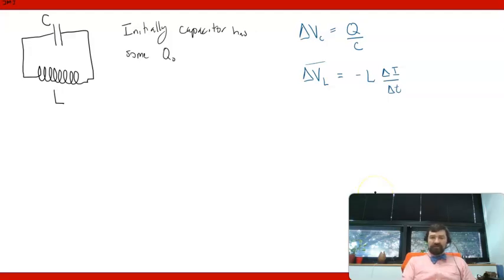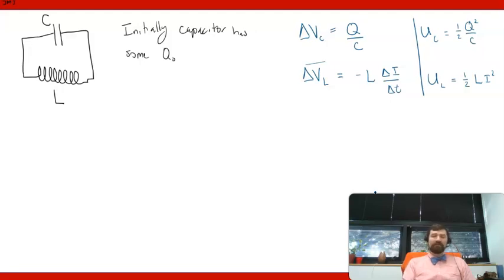And then maybe it's also worth recalling what the potential energies are for each of these. So for a capacitor, it should look like 1/2 of the charge squared divided by the capacitance. For the inductor, it should look like 1/2 of the inductance times the current squared.